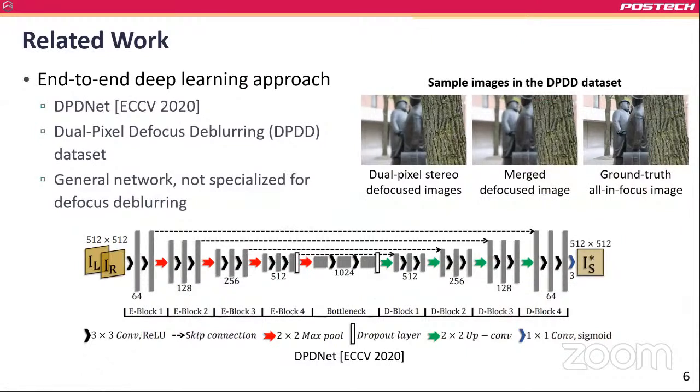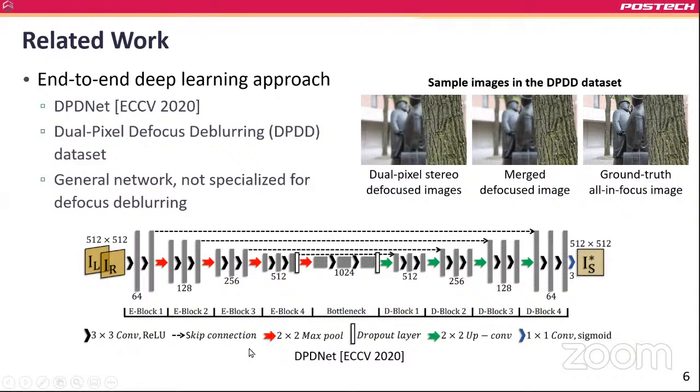Recently, an end-to-end deep learning method has been proposed for defocus deblurring. The technique is DPDNet, and it was based on a data set that contains dual pixel defocus deblurring images. As you can see here, we have two images, like a dual pixel stereo defocus image, left and right defocus images, and they also have ground truth.